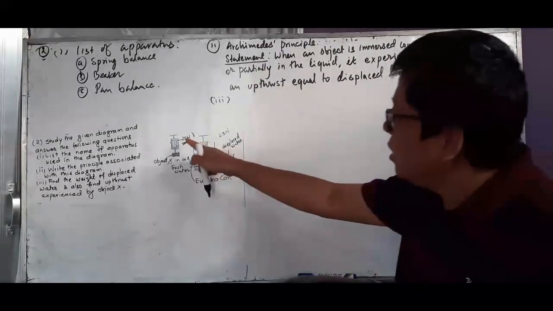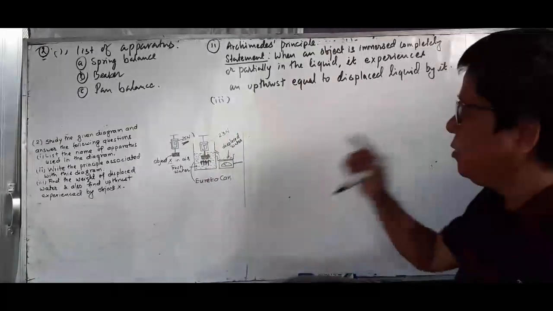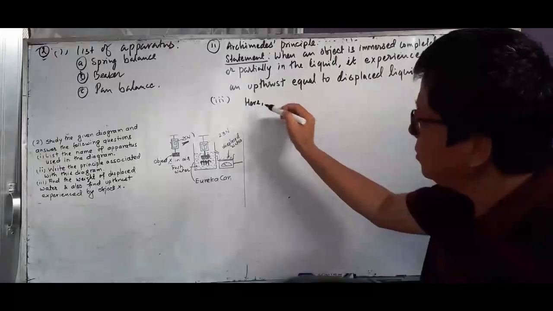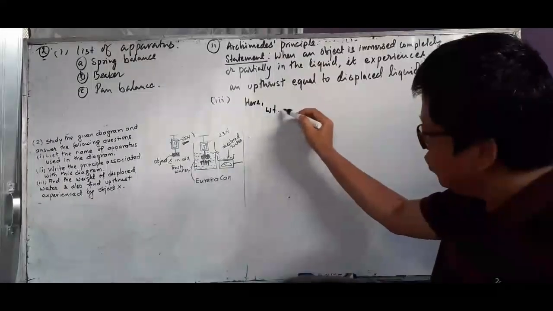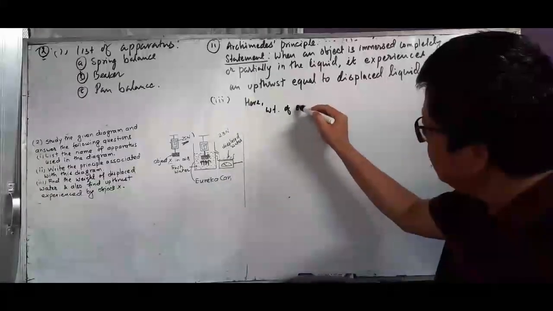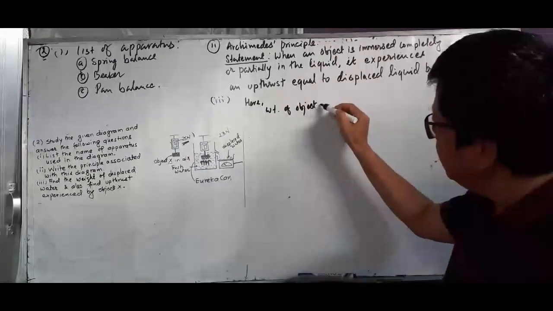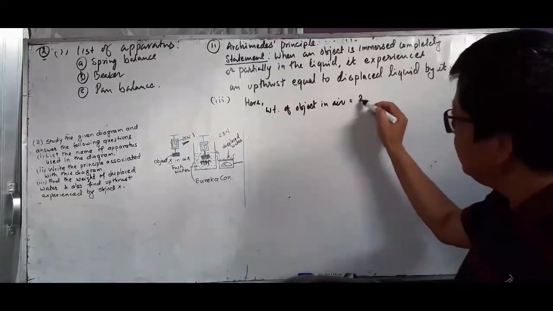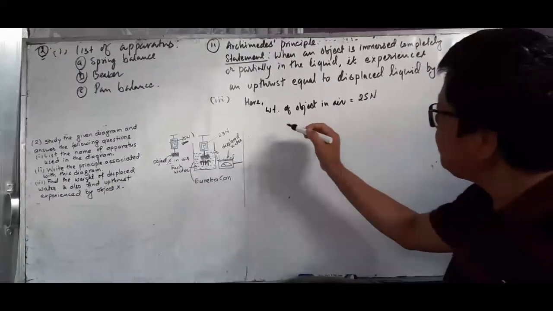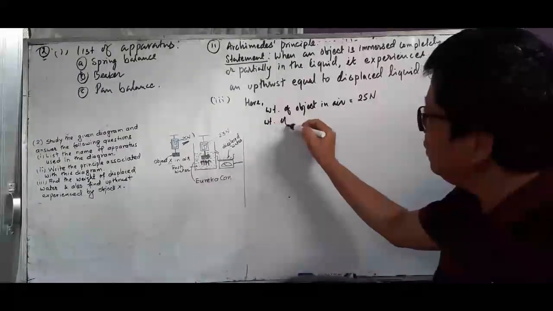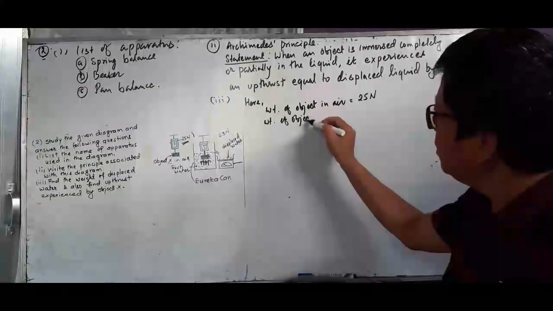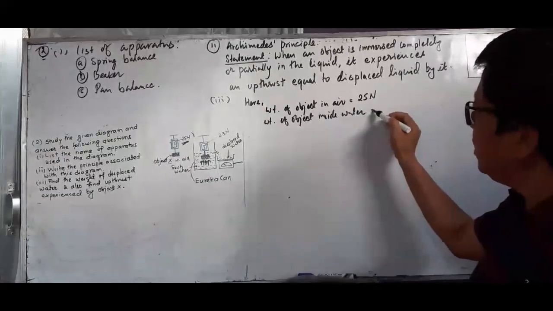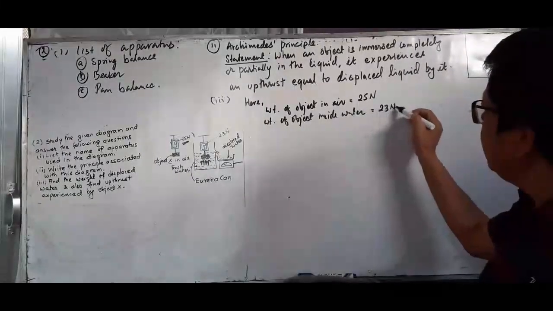That is why it is easy inside the water. So how much weight is reduced here? 25 minus 23. So here the weight of object in air is 25 newtons, and the weight of object inside water is 23 newtons.